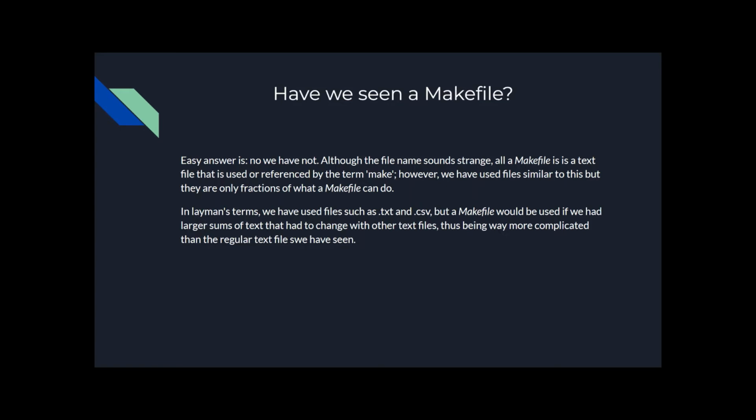Like I just explained, that could be a .csv file or just a regular .txt. A Makefile would be used if we had larger sums of text that needed to be changed with other text files, thus being way more complicated than a regular text file should be. So, next slide.